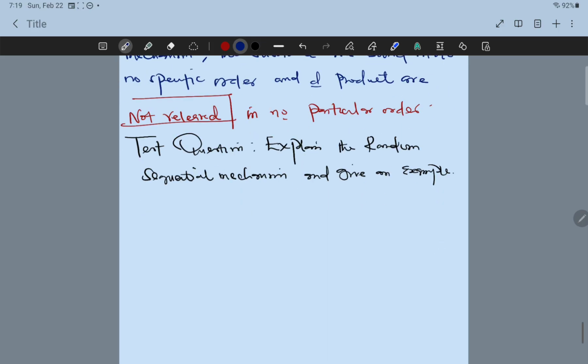So the example that we have here is the creatine kinase. In the random sequential, the creatine kinase enzyme. That's a very interesting one.